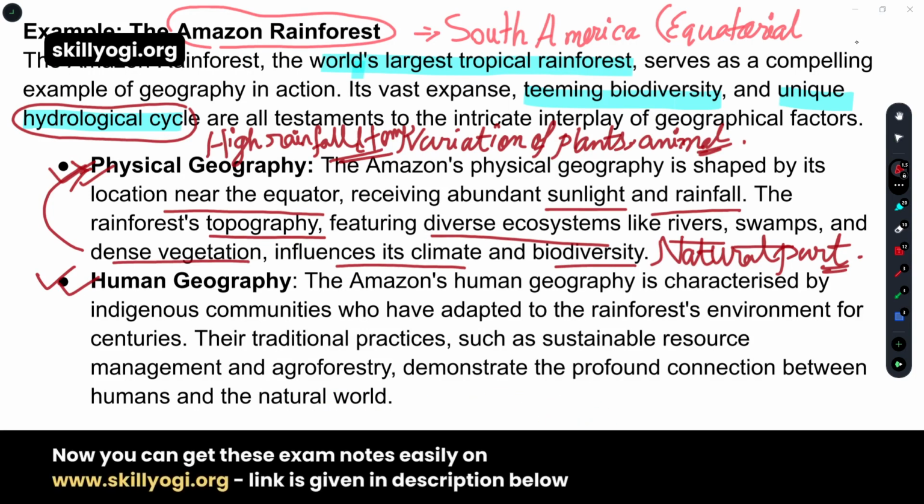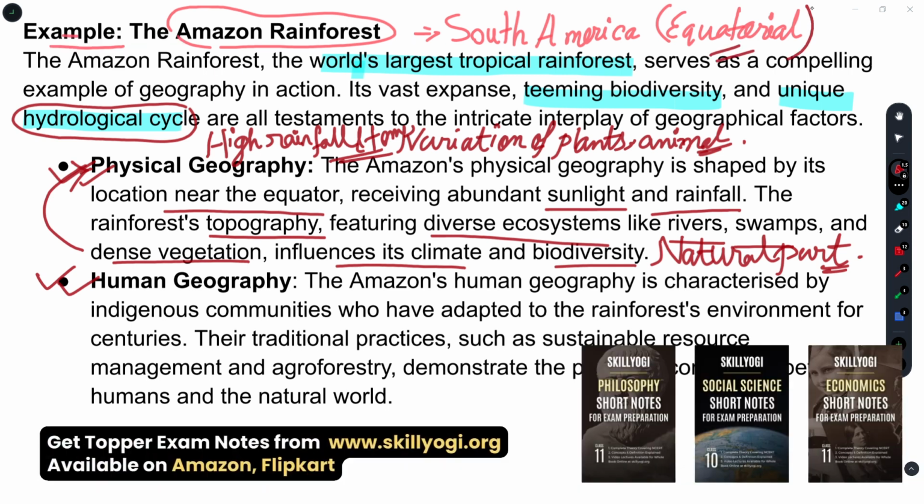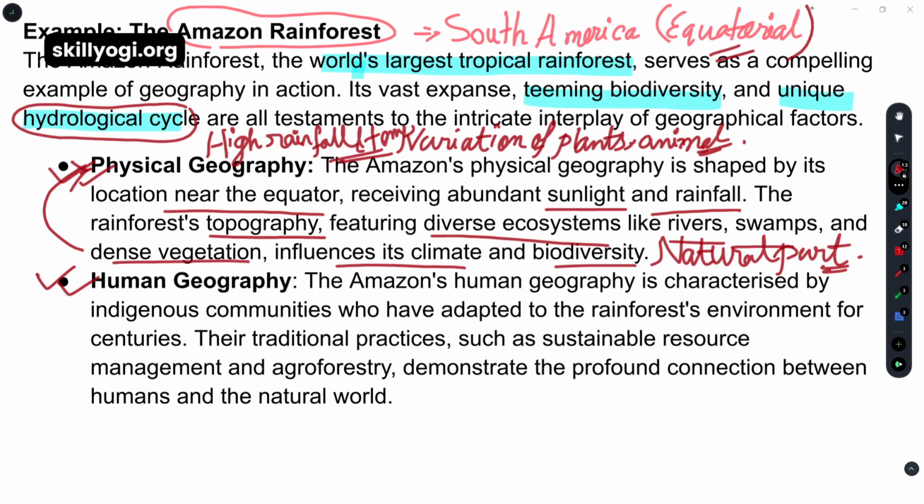Now we are going to know what is written over there. The Amazon's physical geography is shaped by its location near the equator. That's why it's called the equatorial rainforest area. It receives abundant sunlight and rainfall. Just now I have written over there that this is a high rainfall and high temperature area.